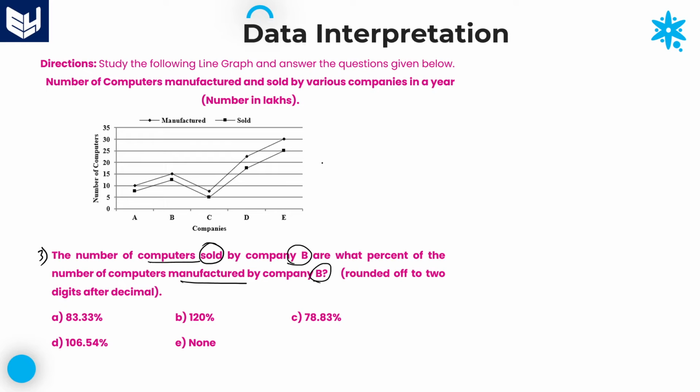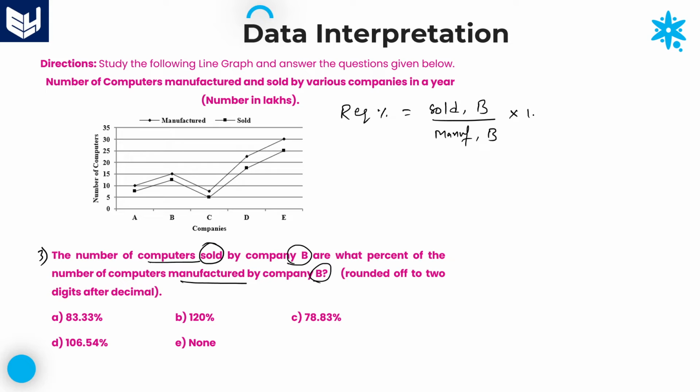Here we need to calculate the exact answer up to 2 decimal digits. Now, what is the question asking about? Here we need to calculate the percentage. Required percentage is equal to the number of computers sold by company B divided by the number of computers manufactured by company B.